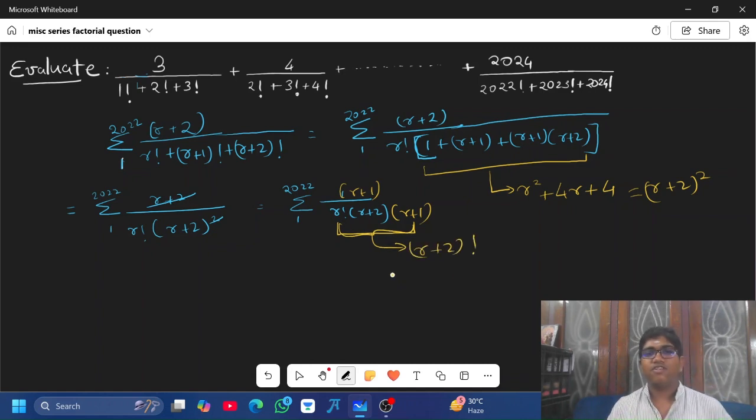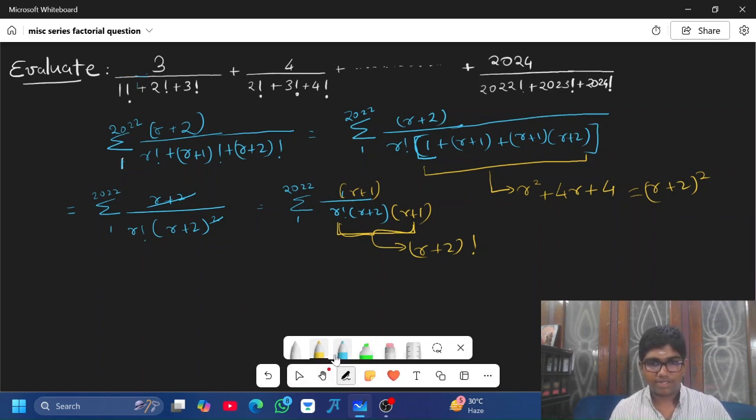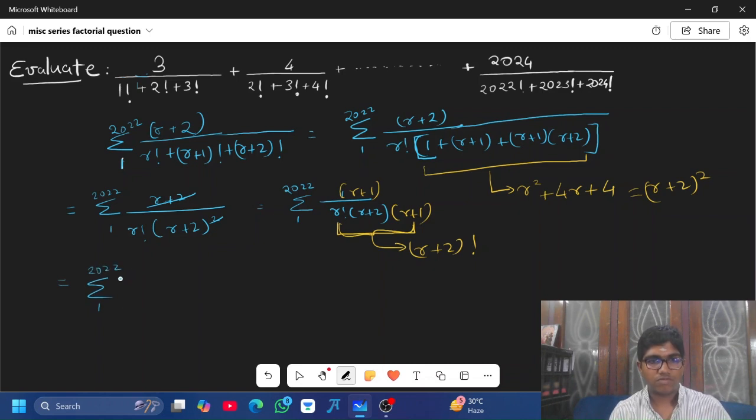Let us do that and see how it turns out. We get sigma 1 to 2022 of (r plus 1) upon (r plus 2) factorial.